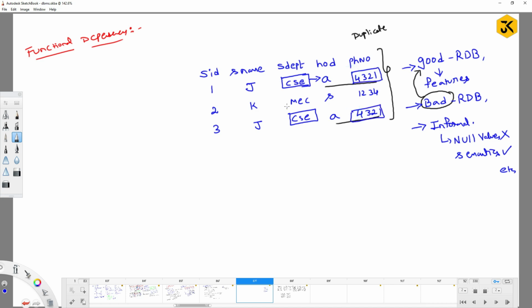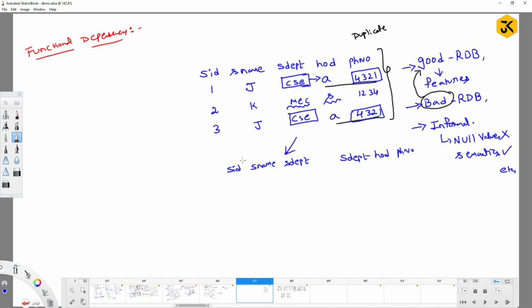If I take the mechanical department, HOD is always the same, right? So then why do we need to mention all this similar data here itself? That's the question. So to identify this, basically with our intuition, we can define it as student ID, student name, student department number, and also we can split like this: student department, HOD and phone number.